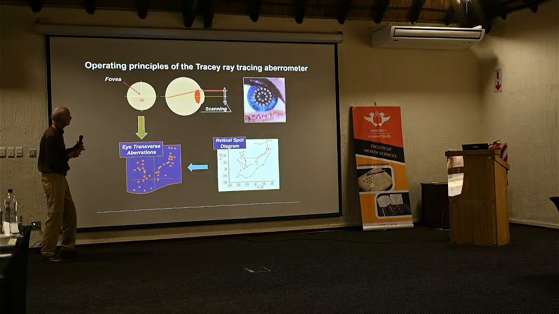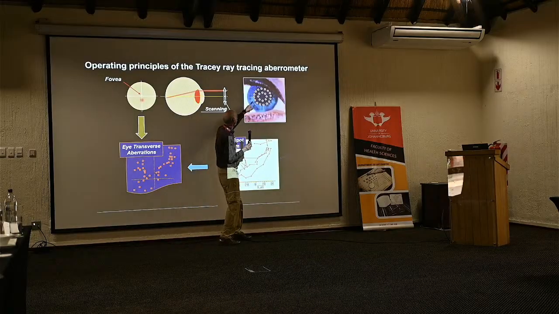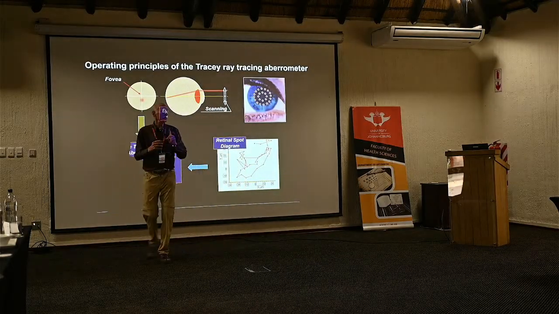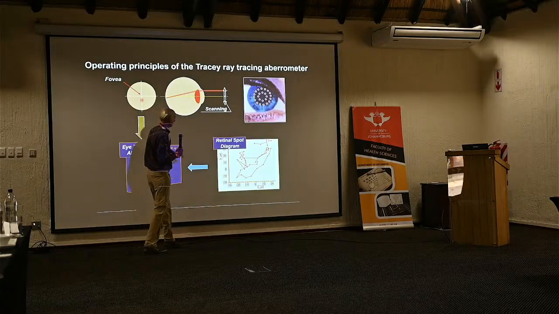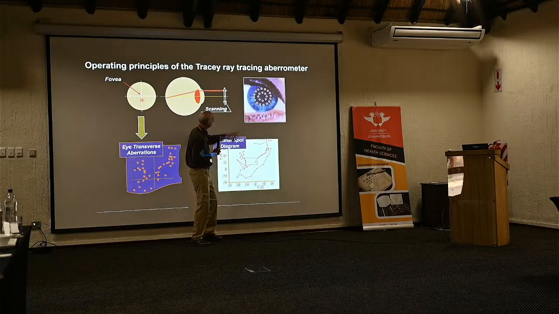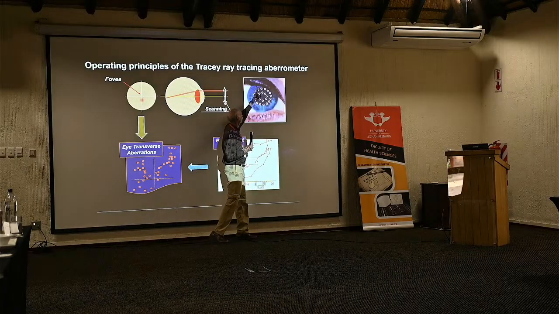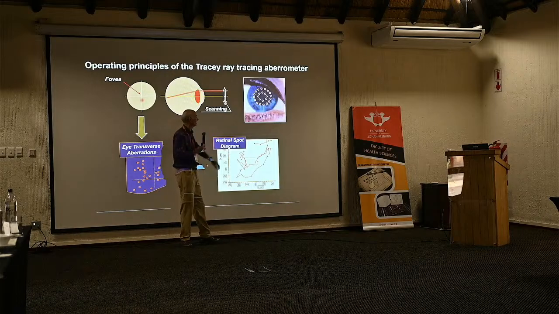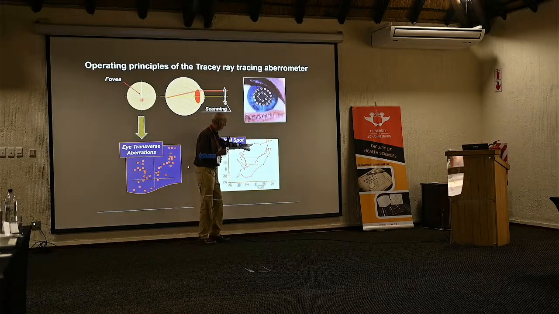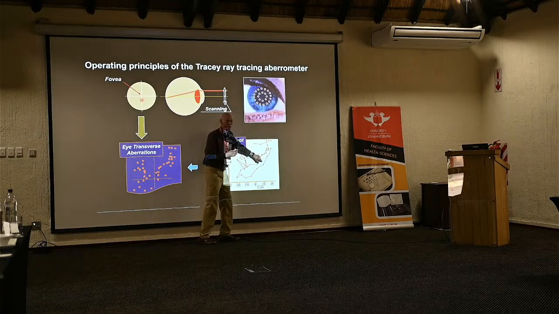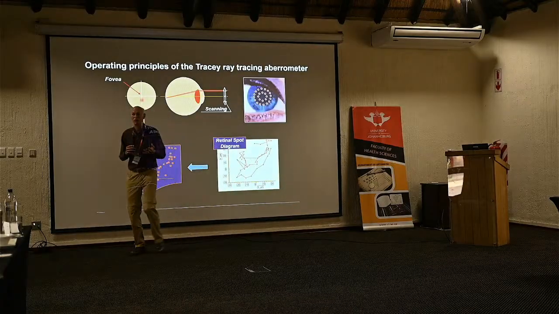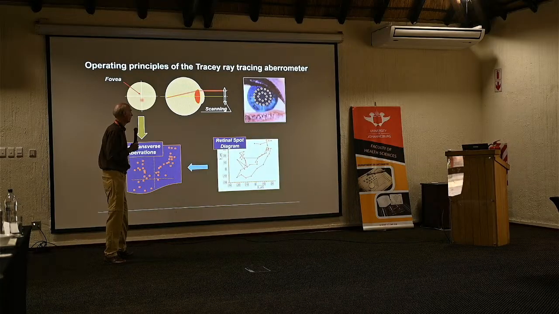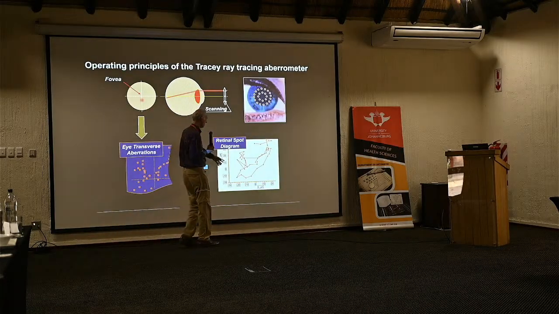So if you do that many, many times, and you have the spot going in lots and lots of different places, but only one at a time, it goes around, and the retinal spot diagram, depending on the trajectory, builds up. It's got a little shutter in there, some mirrors that are moving the laser beam around. And so the spot goes from there to there, to there, to there. It's taking these pictures, and the whole thing happens really fast, a few seconds, and you've got a whole collection of spots in this spot diagram.